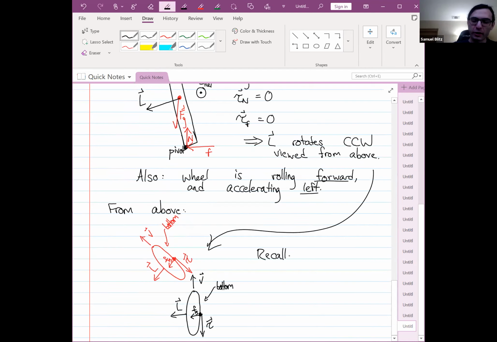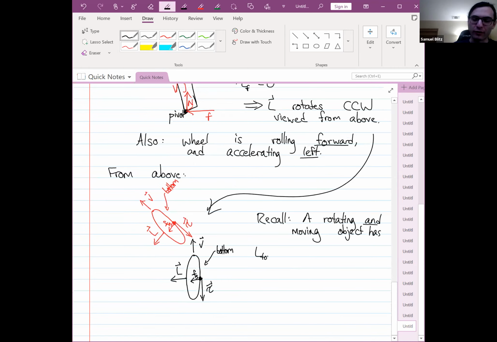As a quick reminder, a rotating and moving object relative to some reference point has a total angular momentum relative to that reference point equal to the angular momentum about the center of mass plus the angular momentum of the center of mass relative to the reference point.